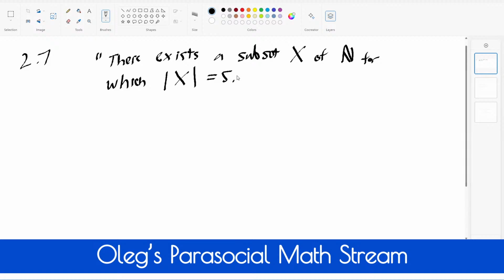Let's see what they're actually trying to say here. Okay, so we're talking about sets, so it would have to be cardinality. So in other words, let's just give an example real quick. There exists a subset X of the natural set for which the cardinality of X would be 5. So it would be something like this.